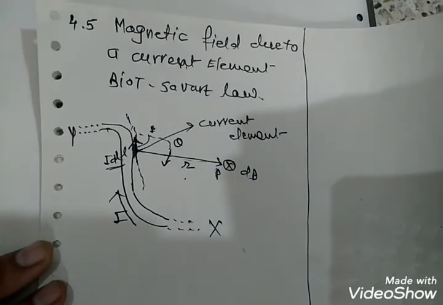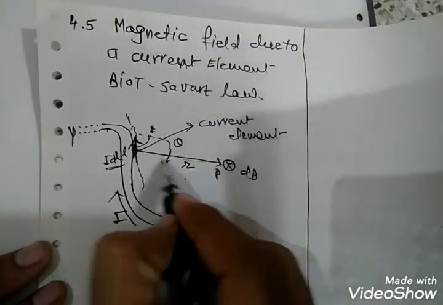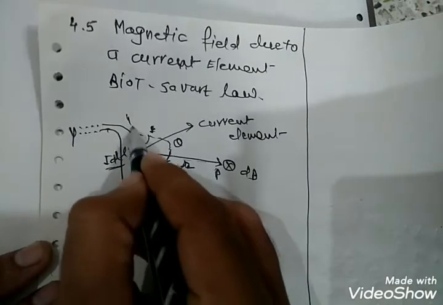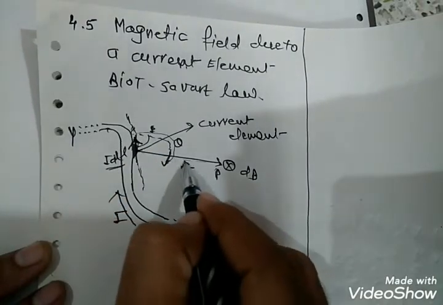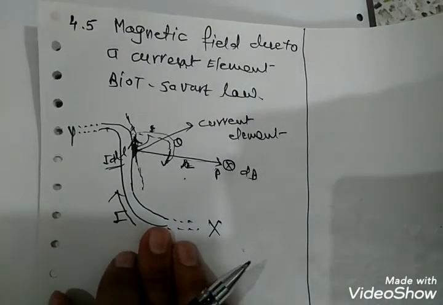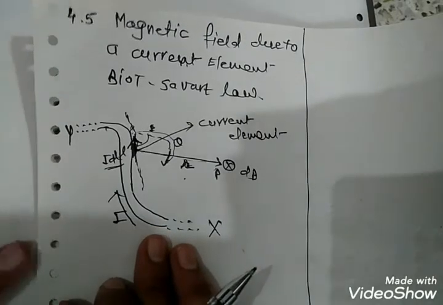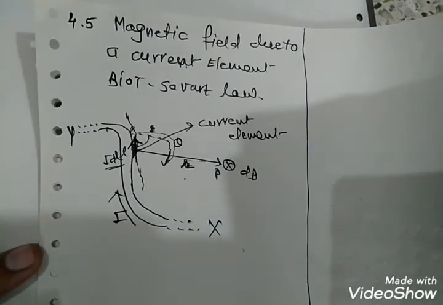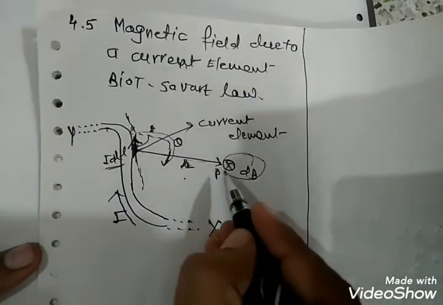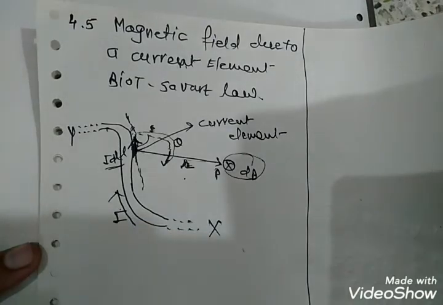Let theta be the angle between dl and the displacement vector r. Here dl is this portion, and this is the displacement vector r.